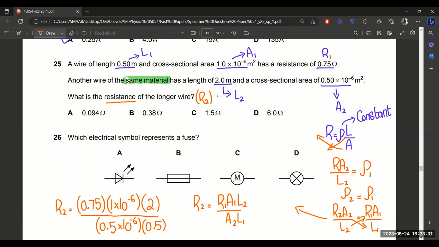Multiply and divide all these factors and you will get the answer equal to 6 ohms. So D is the right option.